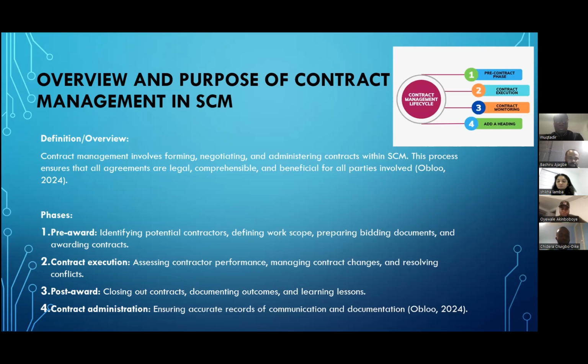Contract execution, which helps in assessing contract performance, managing contract changes, and resolving conflicts. Post-award, which helps in closing out contracts, documenting outcomes, and learning lessons. Contract administration ensures accurate records of communication and documentation.